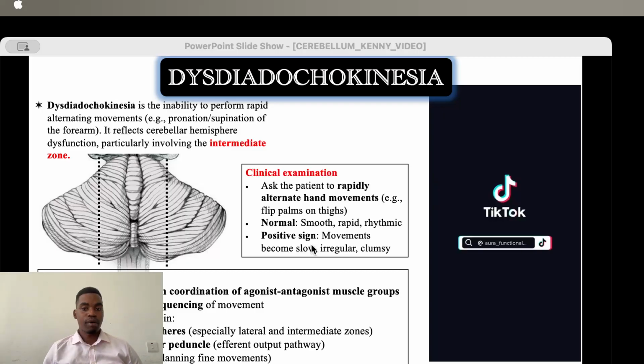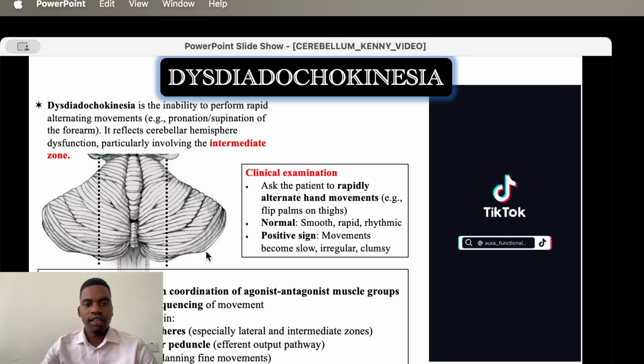So that is a positive sign for dysdiadochokinesia. The region of the cerebellum that is affected is the intermediate zone, or the intermediate part of the cerebellum.